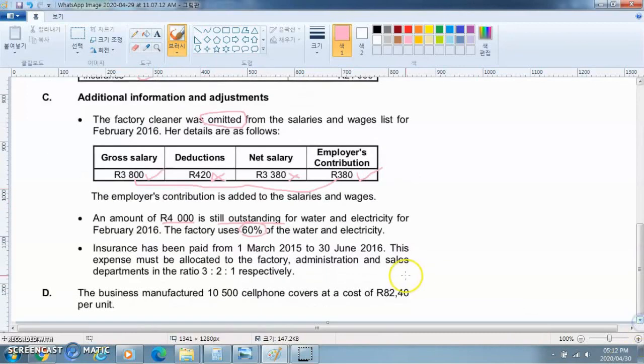Let's go to the scenarios. They say that insurance has been paid from 1 March 2015, so this is the beginning of our accounting period, until the 30th of June 2016.